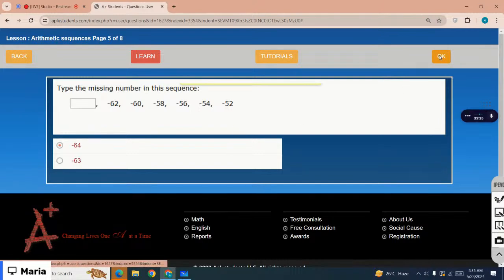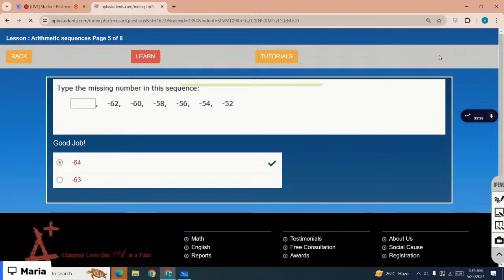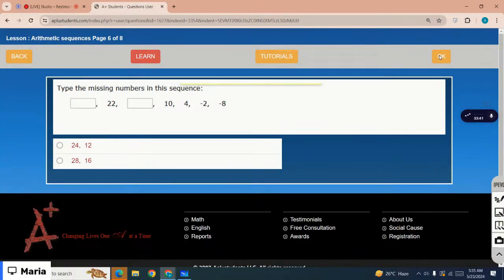Option number 1 is the correct option. Type the missing numbers in the sequence.